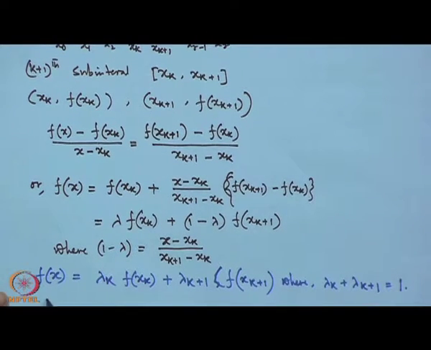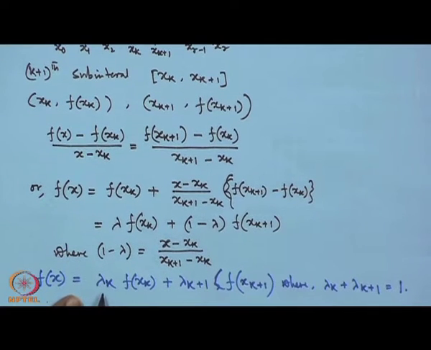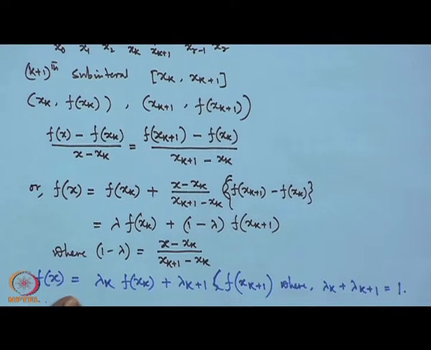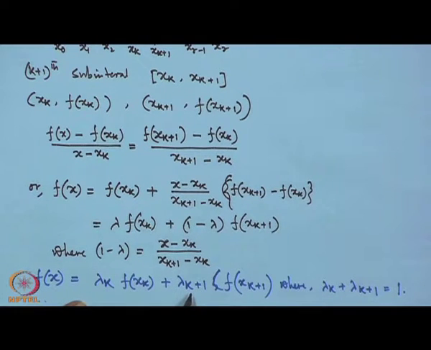Thus, as we see, any function f(x) can be expressed as a linear function here. What is f(x_k)? f(x_k) is the functional value at the grid point x_k, that is the constant value certainly. f(x_{k+1}) is the functional value at the grid point x_{k+1}, and here lambda_k and lambda_{k+1} are the unknown variables for us.